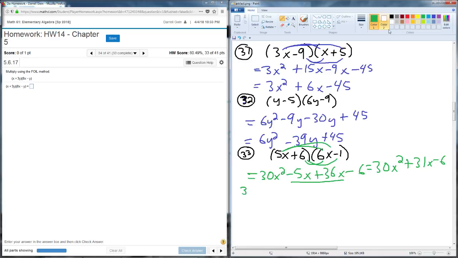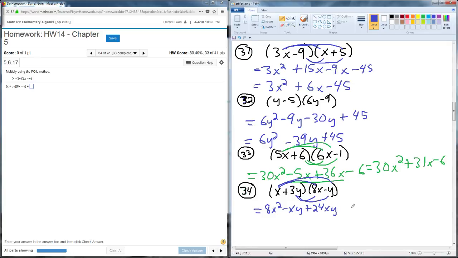34. Number 34. This is going to be x plus 3y, 8x minus y. Let's FOIL this one. So x times 8x equals 8x squared. X times negative y is negative xy. 3y times 8x is 24xy.